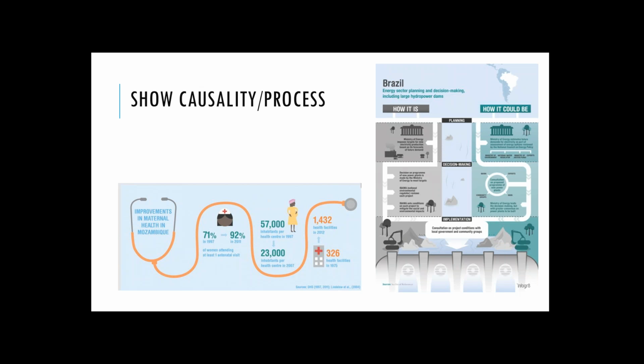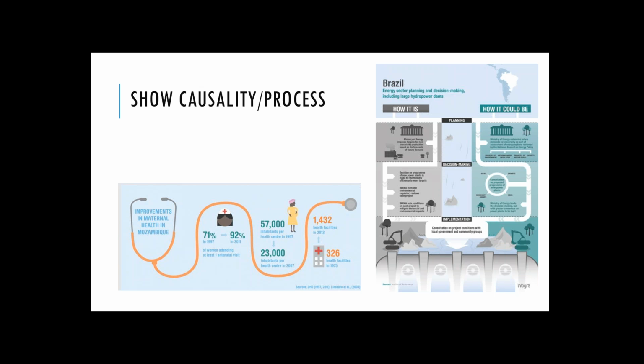So it highlights particular drivers such as professionals attending antenatal visits, the number of people per health centre and how that has declined since 1997, and how the number of health facilities has increased. All factors that have led to and contributed to Mozambique's improvements in its maternal mortality rate.